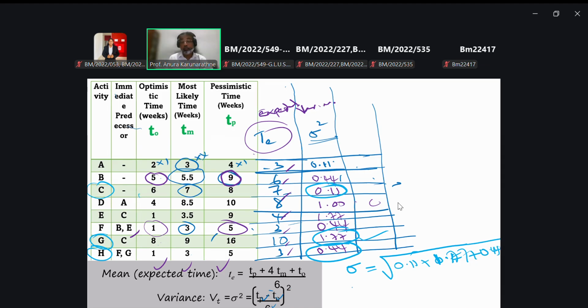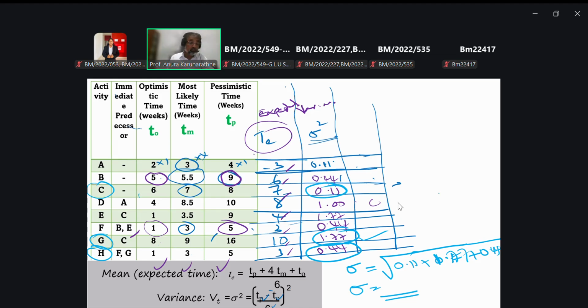So the sum is 0.11 plus 1.77 plus 0.44, right? Then that is 2.32. Then take the square root of it.